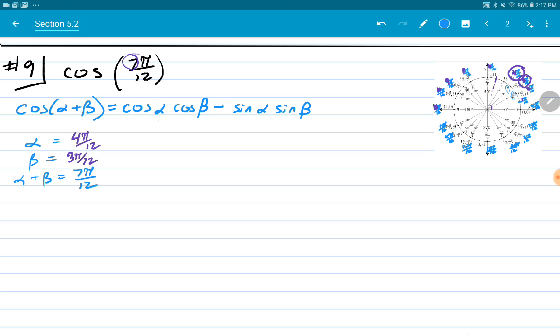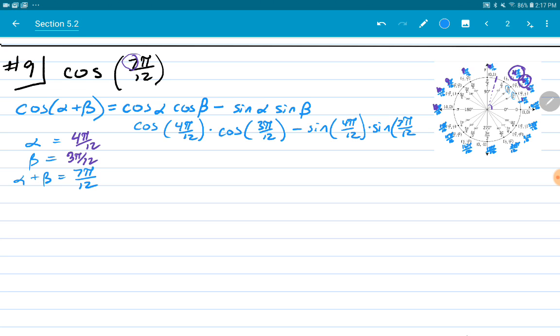And so our alpha is 4 pi over 12, so we do cosine of 4 pi over 12 times cosine of 3 pi over 12 minus the sine of 4 pi over 12 times the sine of 3 pi over 12.